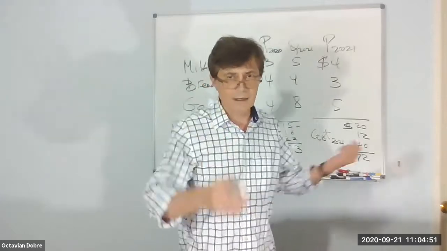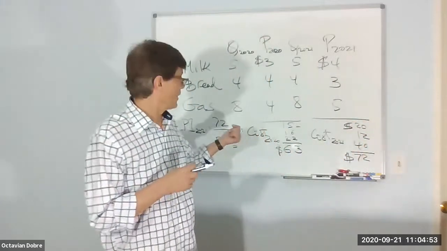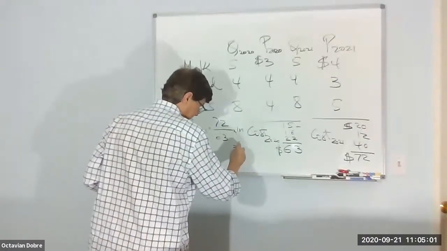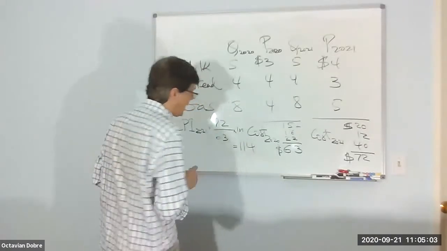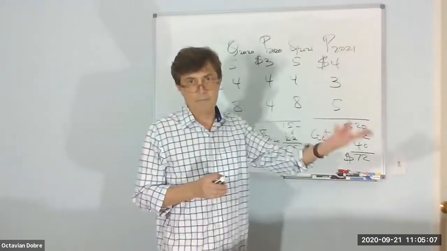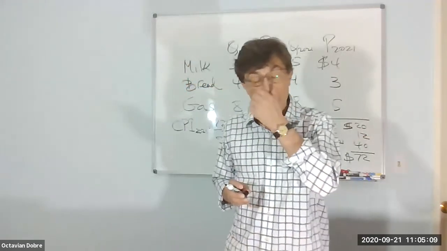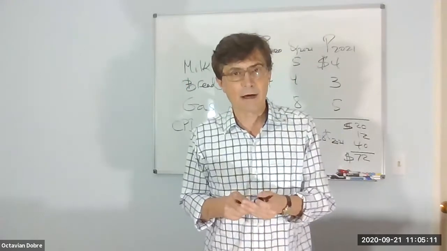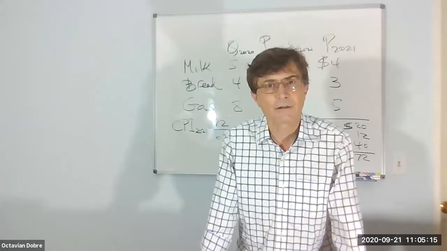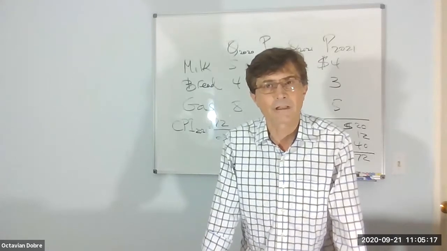Would anybody calculate what is 72 divided by 63? 1.142. 1.14, thank you. So here I'm gonna put 114 because I am also multiplying by 100. Okay, so the CPI for 2021 is 114.